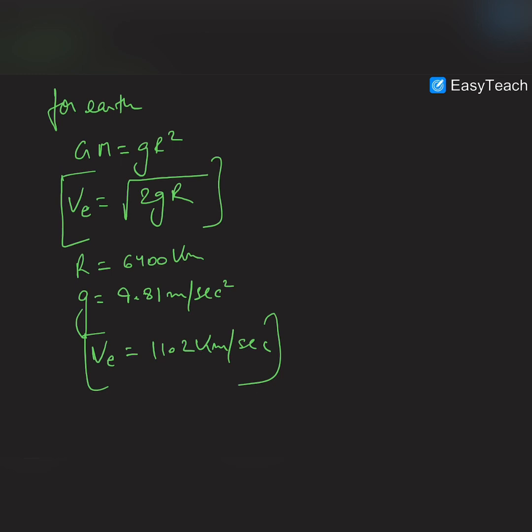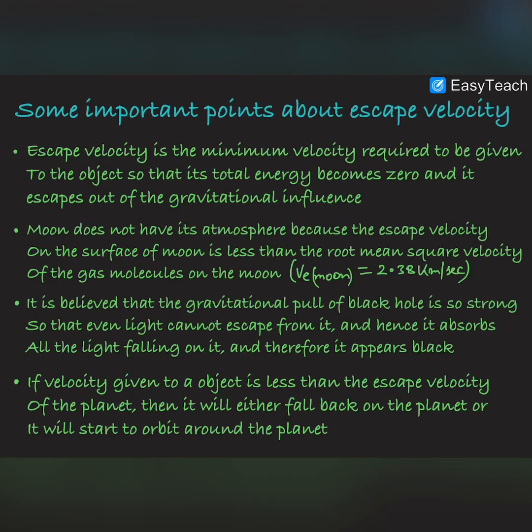So you have to give a very high amount of kinetic energy, and in the case of atmosphere, this escape velocity will be quite a bit higher than this value. So this is the escape velocity when we are considering that there is complete vacuum around the Earth, and then the escape velocity is 11.2 kilometers per second, so that the particle never returns.